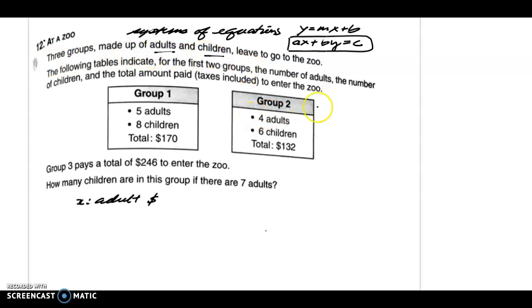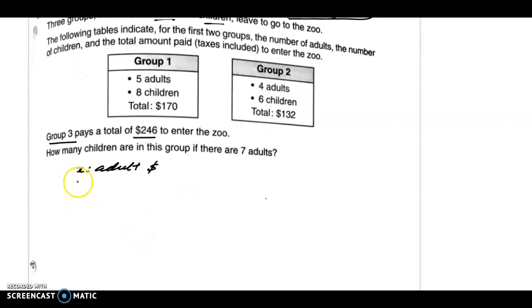They don't have in group 3, but the group 3, you know how much they've paid, the total, right? So what we have group 1 and group 2, and it's these that we're going to construct our linear equation, right? So what we have is y is going to be children, or so the child admission. So this is the price of the admission for a child.